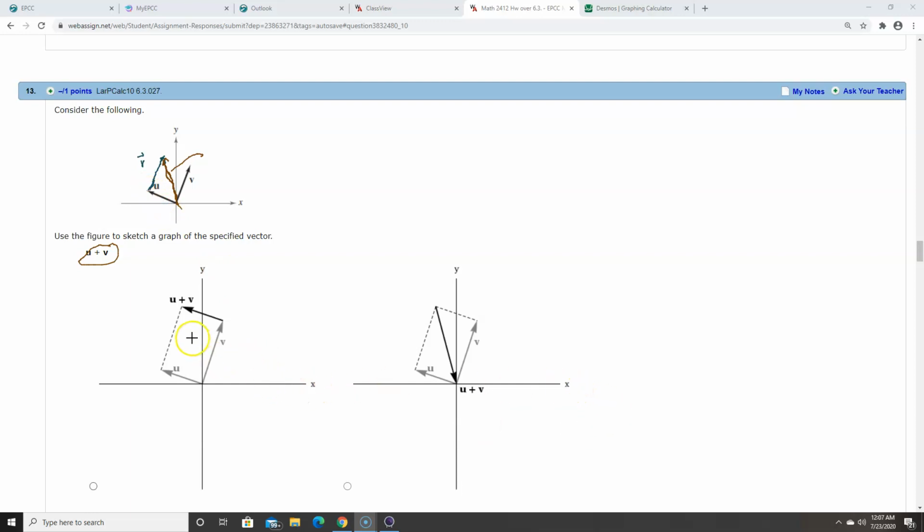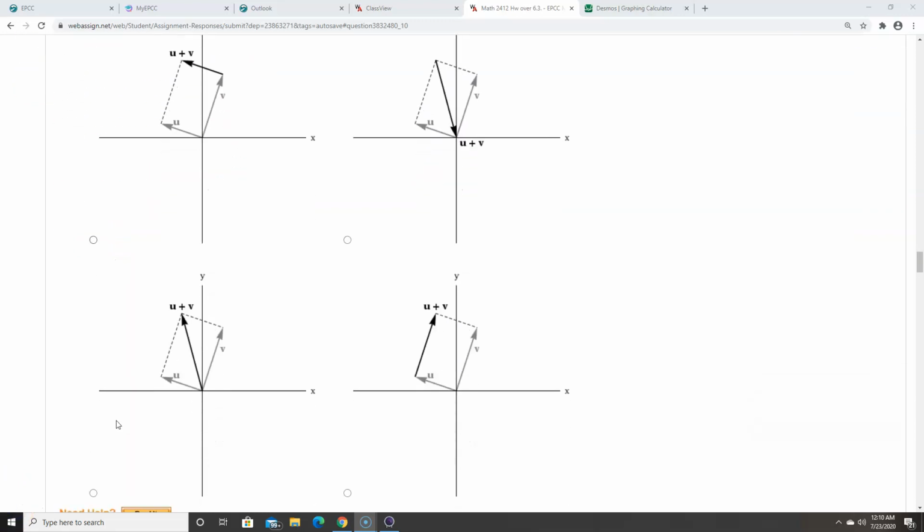And so this is not right. This is the wrong way. It has to be the other way. So here we go. There is u plus v. So this is like a trap. This is vector v moved over, which we needed to do.